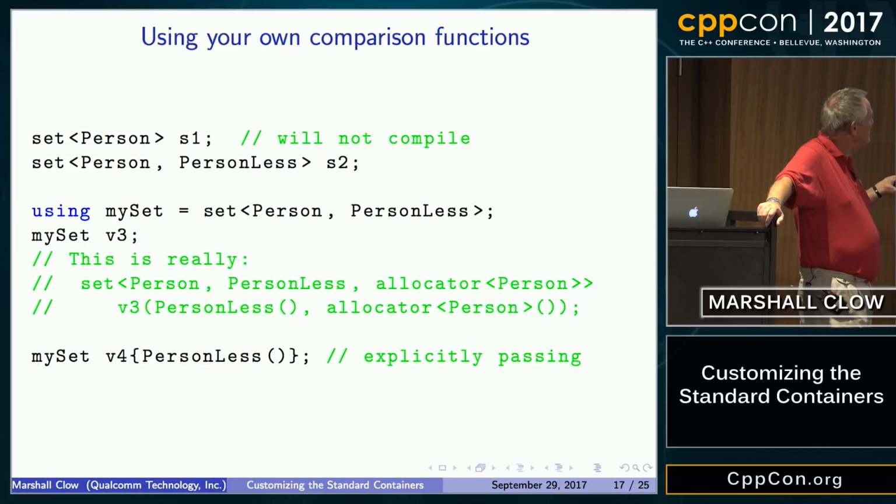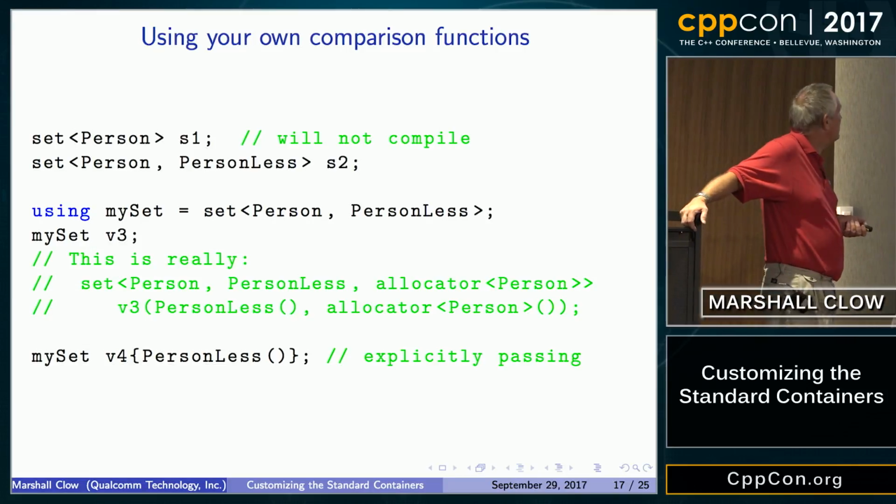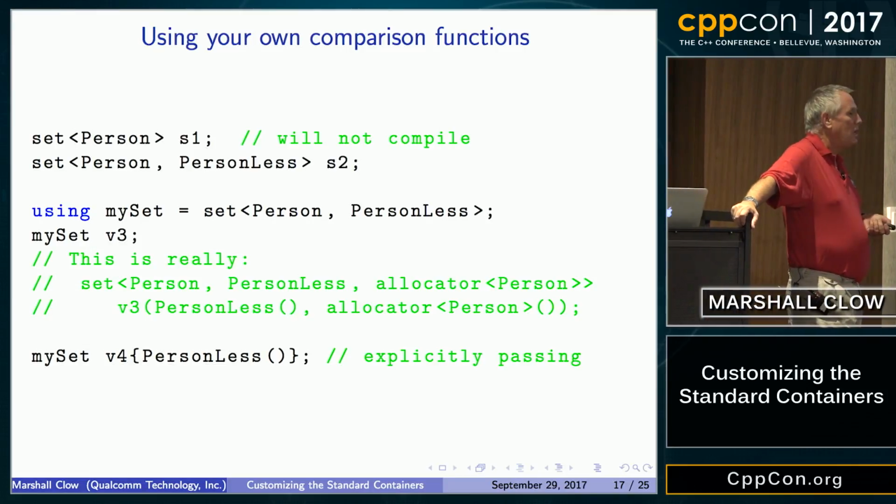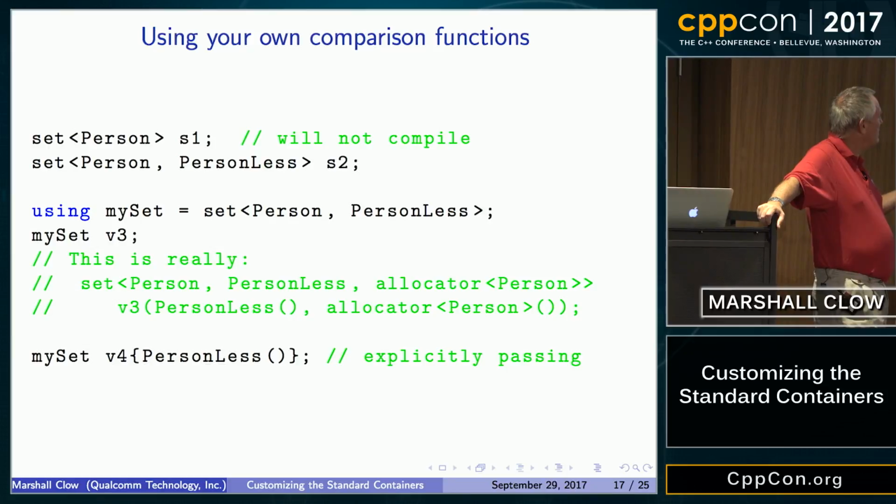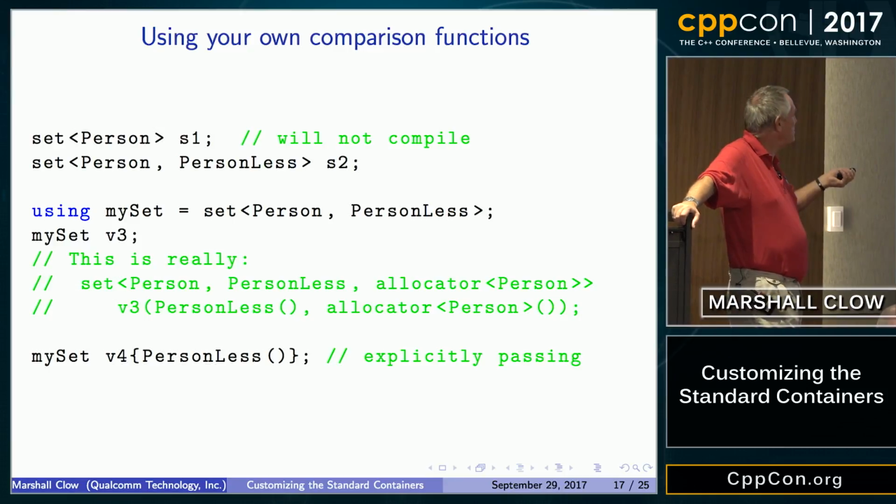Anyway, so my set of person less. This is really the same as set of Person, PersonLess, allocator of Person, with a default constructed PersonLess and a default constructed allocator. Okay, and here I'm explicitly passing the comparison function in. In this case, you don't have to do this because default construction works just fine. But suppose you had some funky constructor for that.